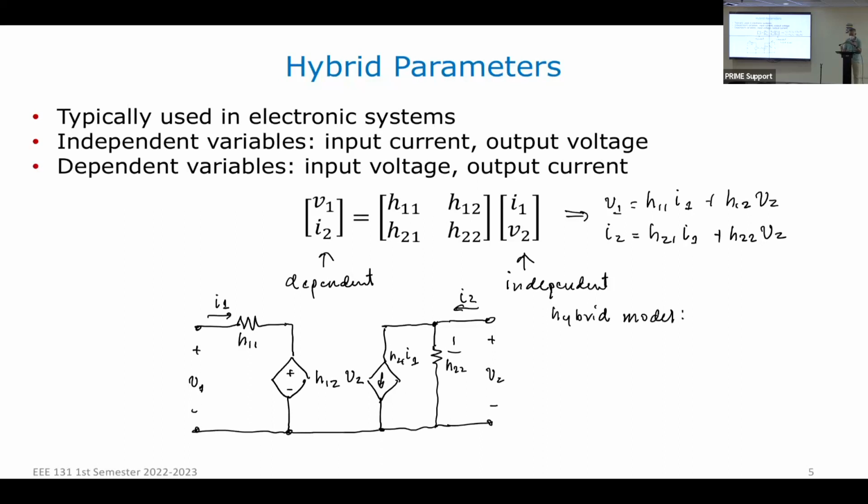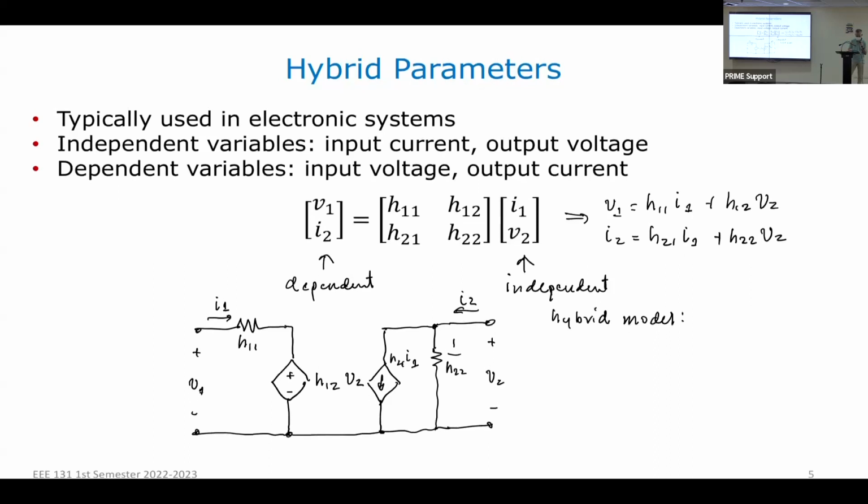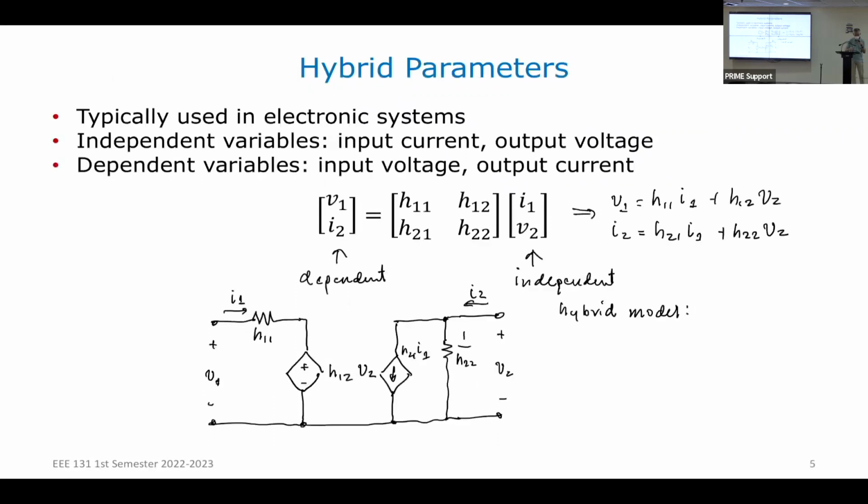Okay, you have terms for your different parameters. Yung H11, okay, how do I determine H11, no? How do I determine H11?